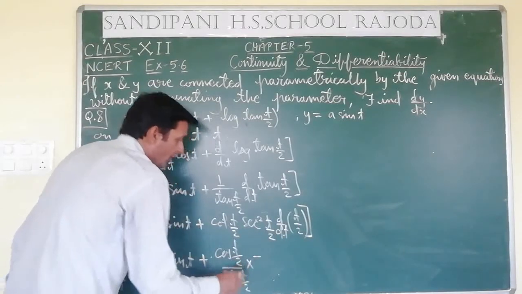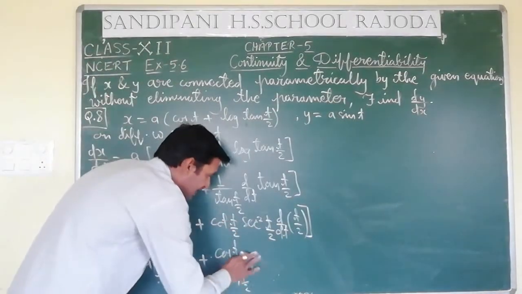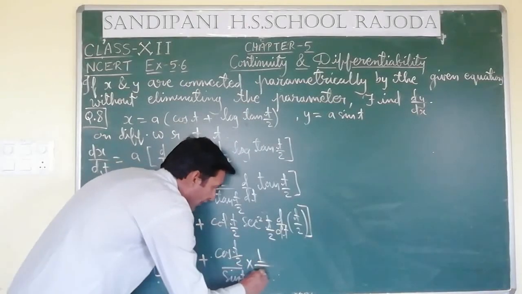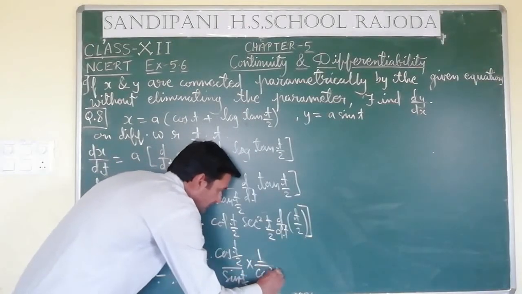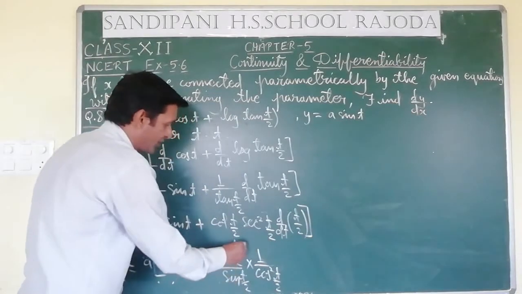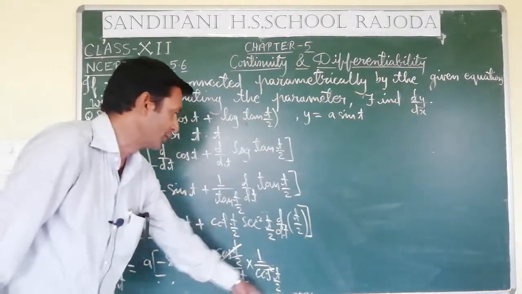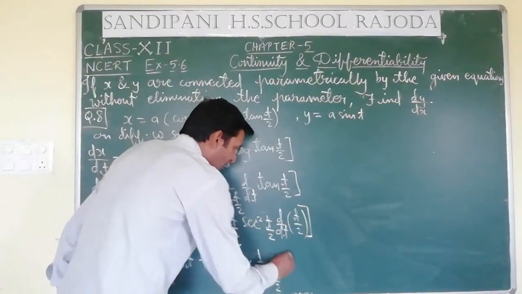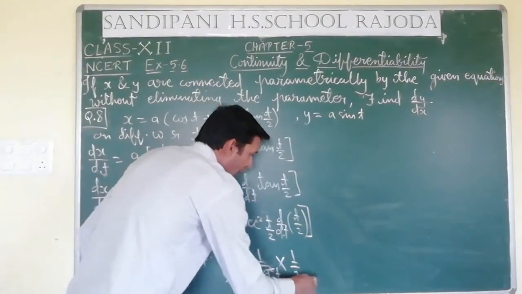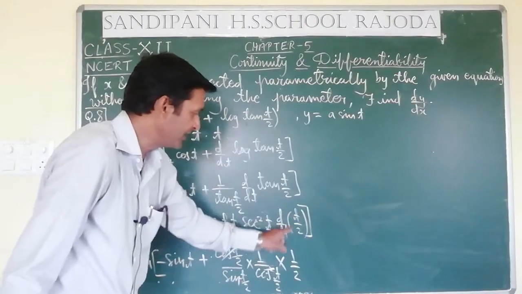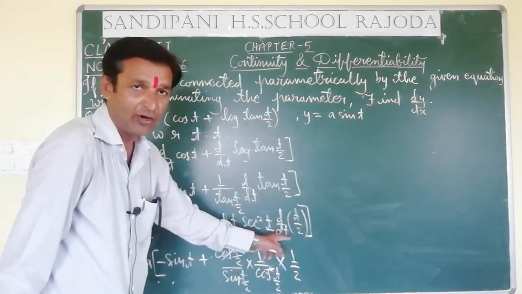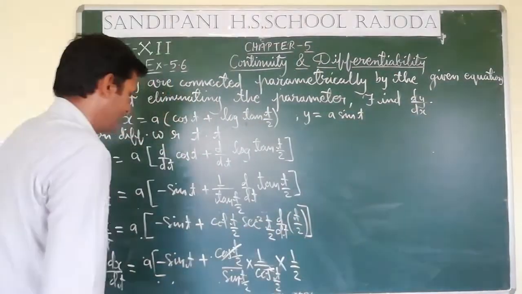Why is it so? Because we are writing this sec square t by 2 as 1 upon cos square t by 2. Because we want to cancel this cos t by 2 by this cos t by 2, and then d by dt of t by 2 is 1 by 2, half is taken out, and d by dt of t is 1 only, so half into 1 is half.